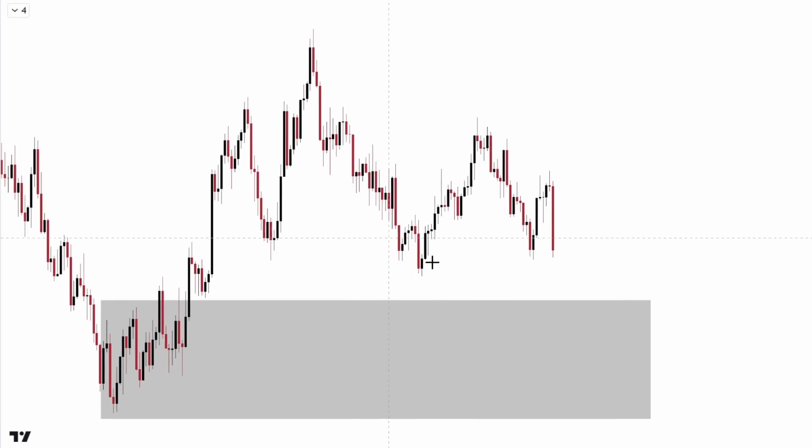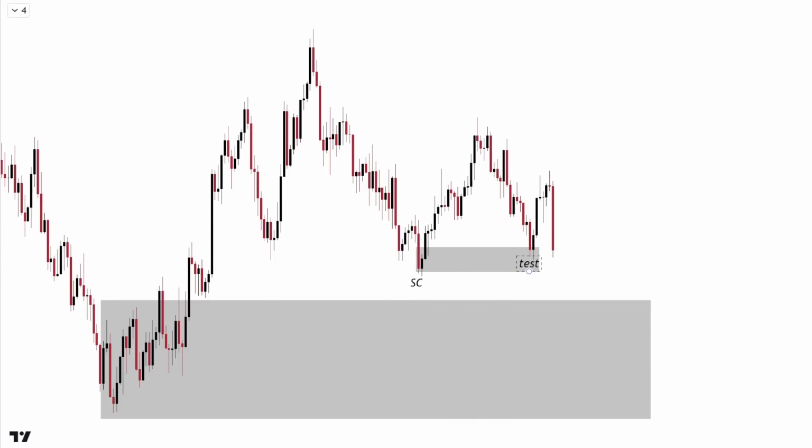We see our climax. This is our selling climax, and this is our test. Again, how did we confirm our selling climax? By confirming our test. Once we can see an extreme climax being tested, now we can confirm this is our selling climax.